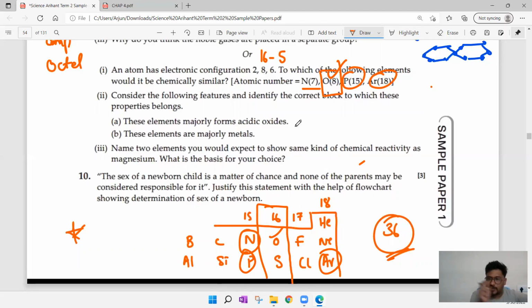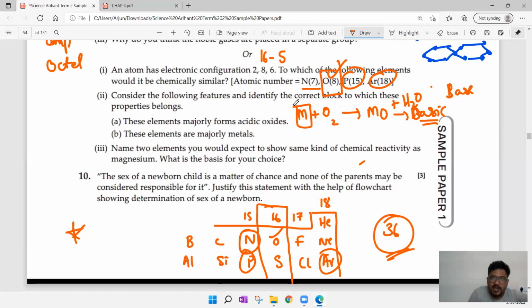And in the third chapter, metals and non-metals, when metals are heated or burnt in the presence of oxygen, they form metal oxides, and all metal oxides are basic in nature, right? If you add water to that metal oxide, we will get a base.